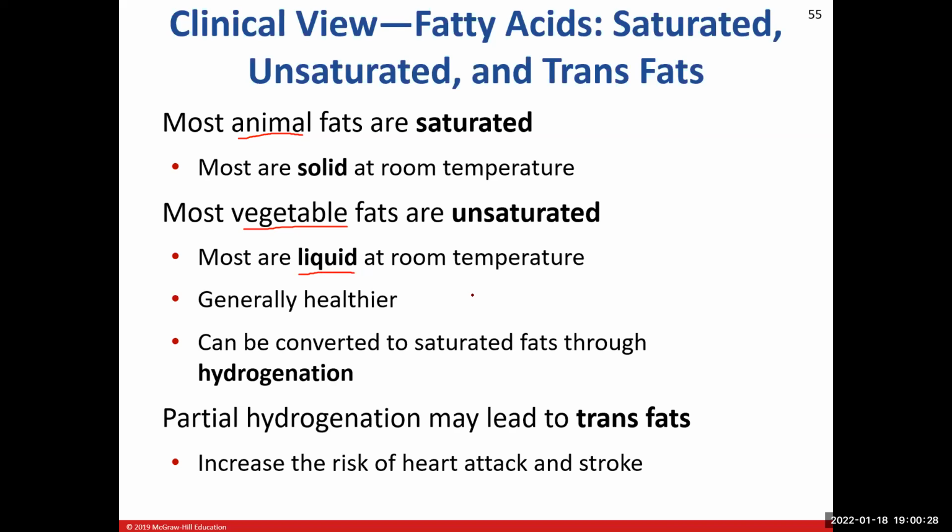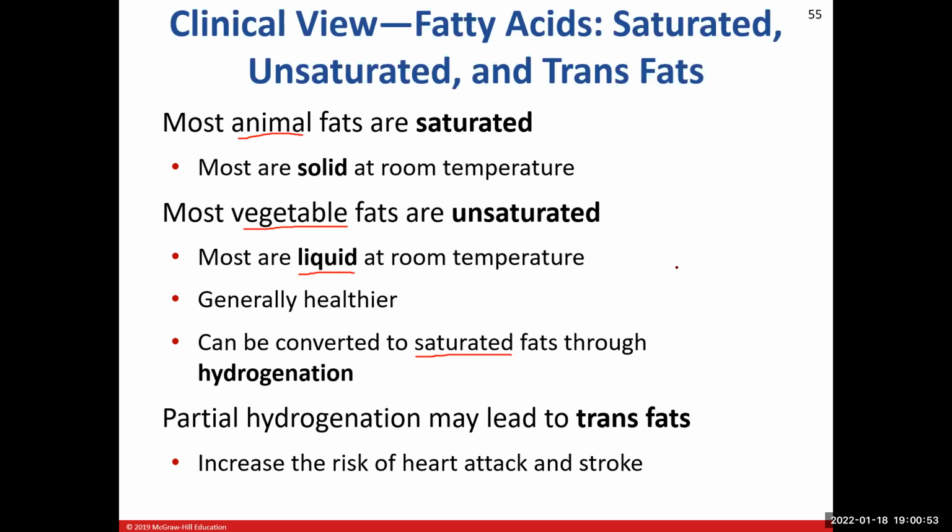Generally, vegetable oil, olive oil, even coconut oil are all much better for you than butter, although butter tastes really good. So we can convert these fats into saturated fats through this process called hydrogenation.